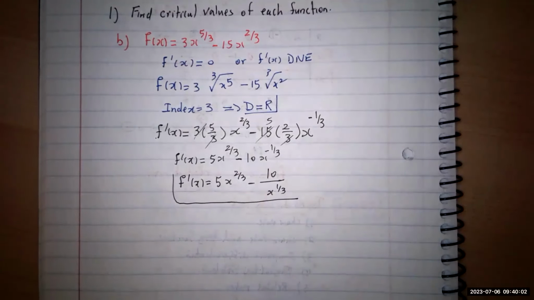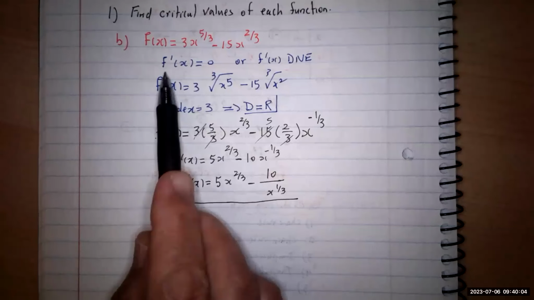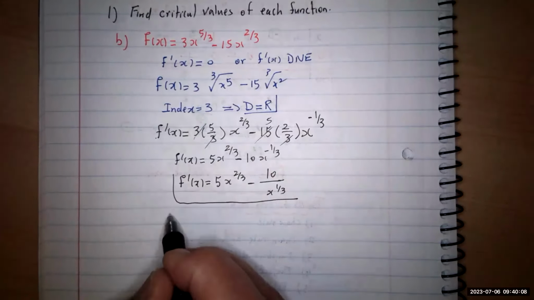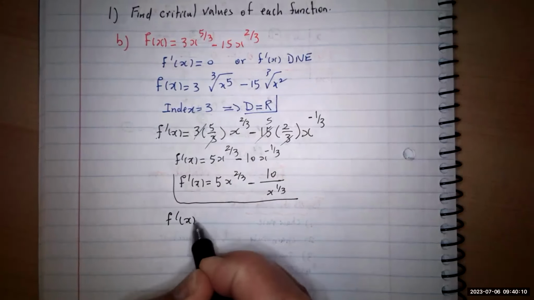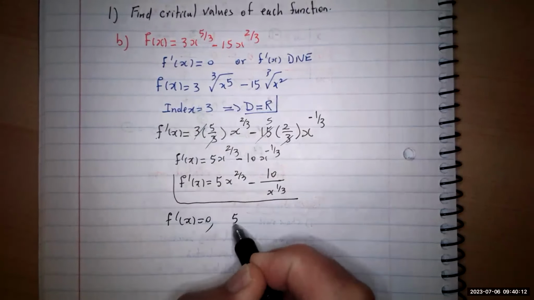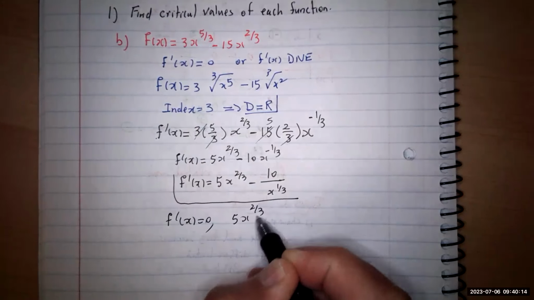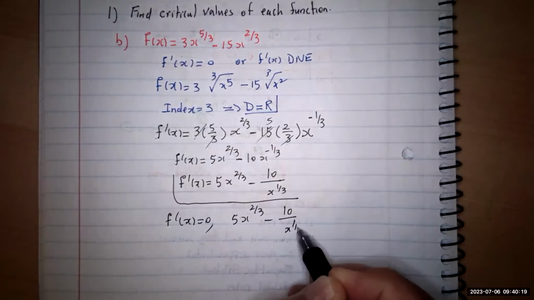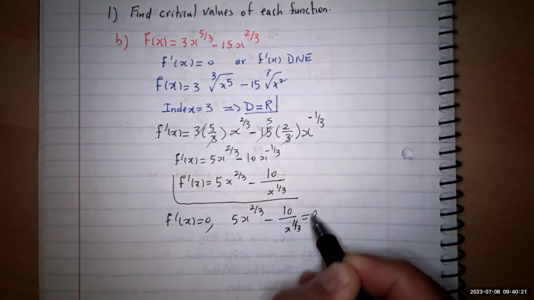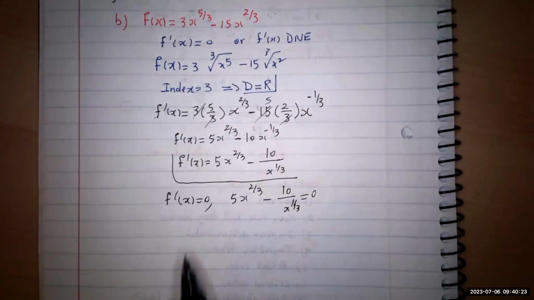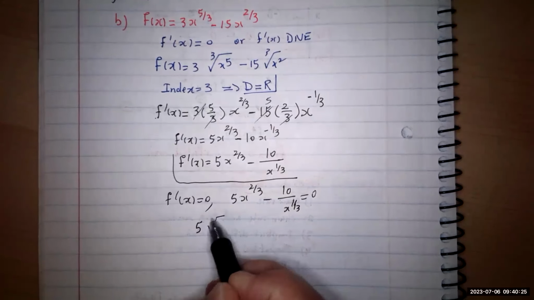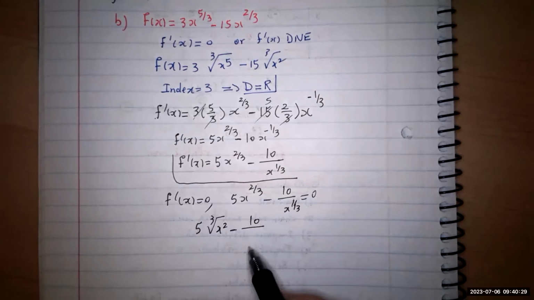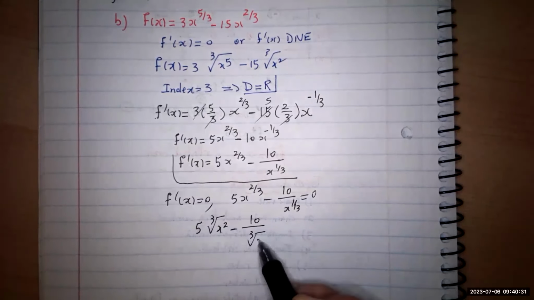Now you want to set it equal to 0 to get these possibilities. So we go with f prime of x equals 0. We have to solve this equation, 5x to the 2/3 minus 10 over x to the 1/3 equals 0. Change it to radicals now. It's 5 cube root of x squared minus 10 over cube root of x equals 0.